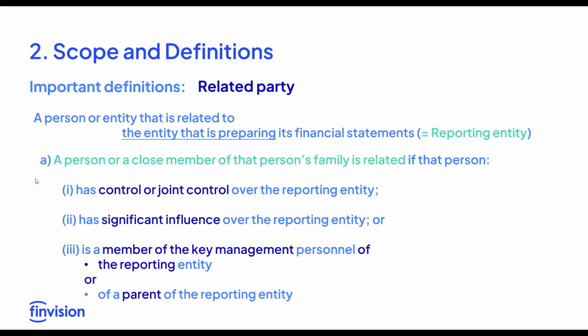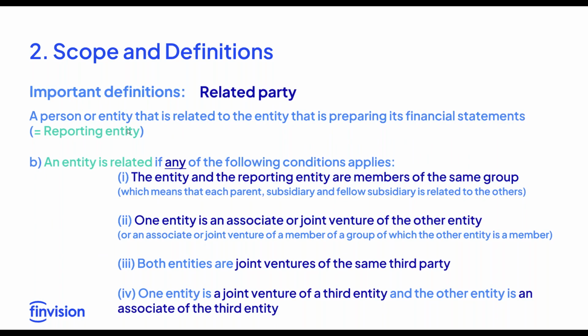When we then move on to part B of the definition of related parties, it's about entities. So here they speak about when is an entity related to the reporting entity. Well, that's the case if any of the following conditions apply.